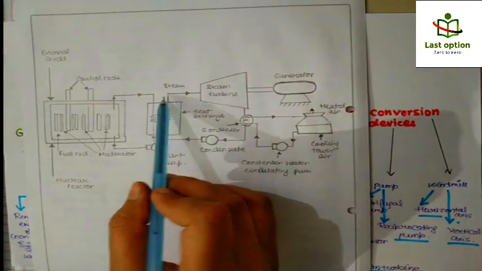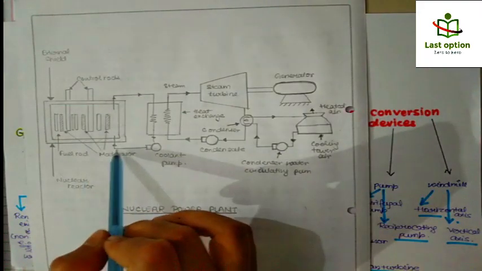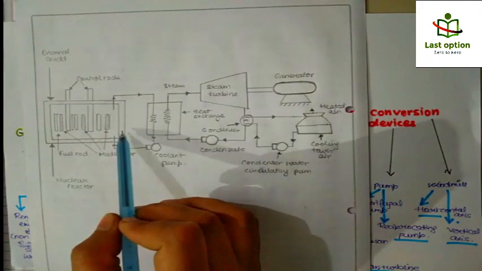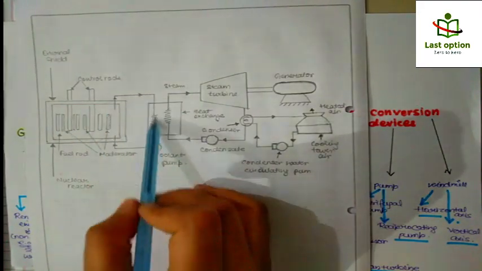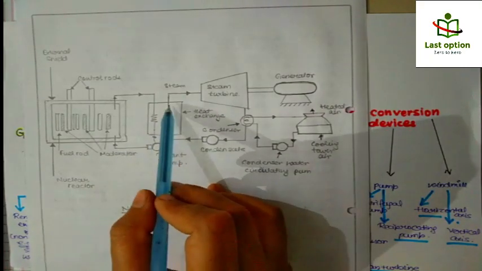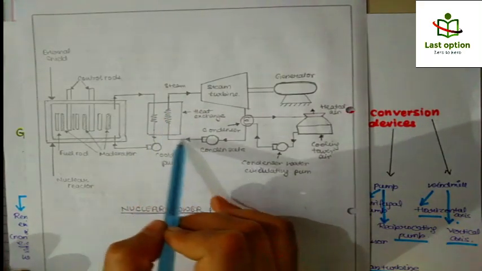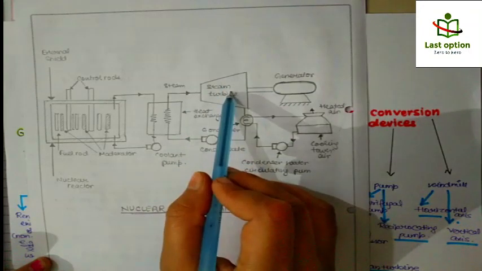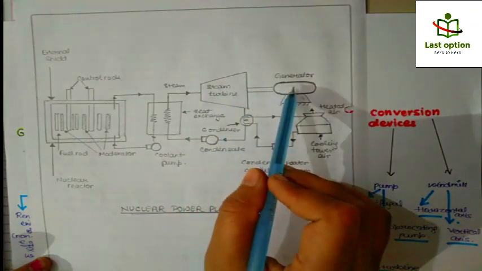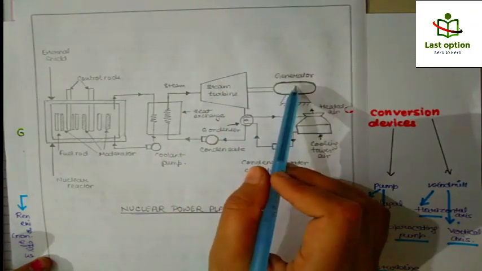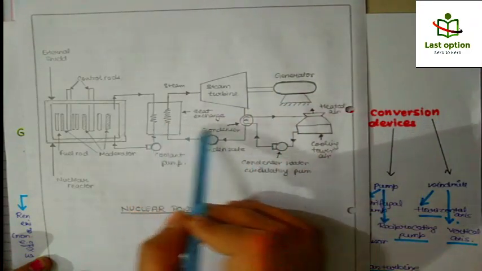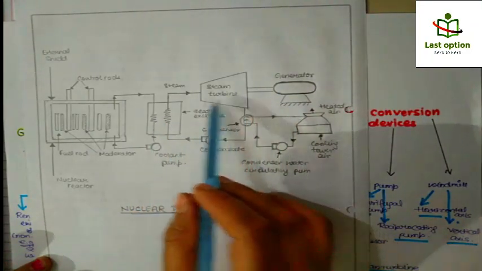A nuclear reaction is happening, which generates heat, and this heat is used to make steam from the water. This steam goes to the steam turbine, and then the generator generates energy by rotating the turbine.